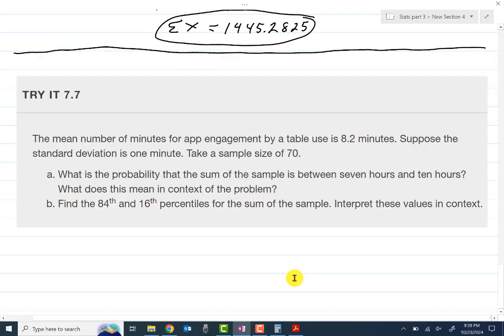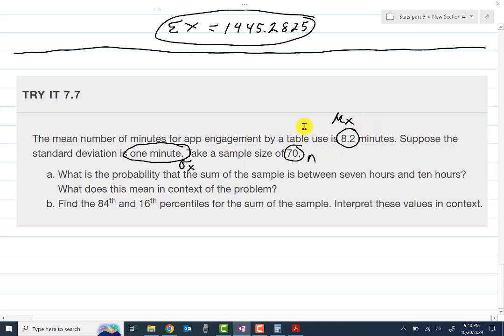Here's one last example. Once you have the formulas down, it's pretty straightforward. Here, they give us the mean of the random variable x is 8.2, and the standard deviation is 1, and sample size, that's n. So when you're dealing with this, you want to make sure you're working with all the same units.